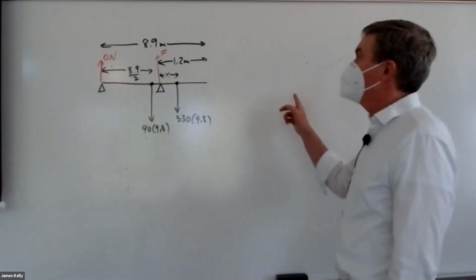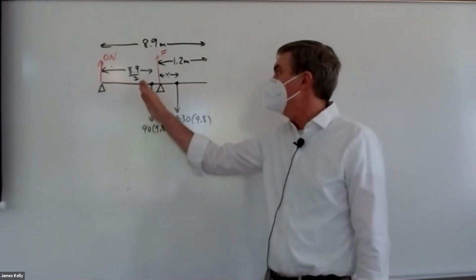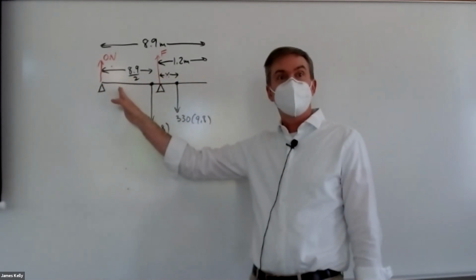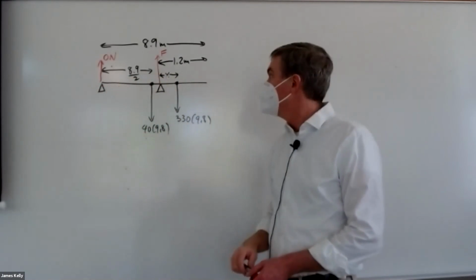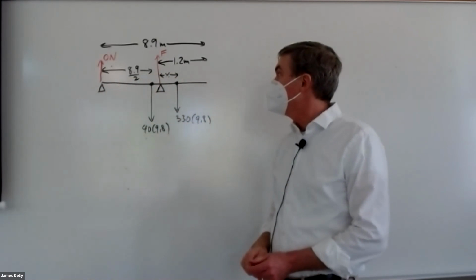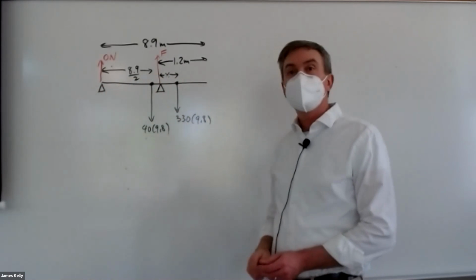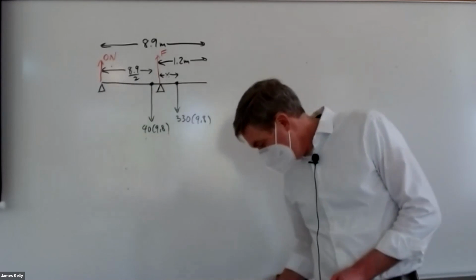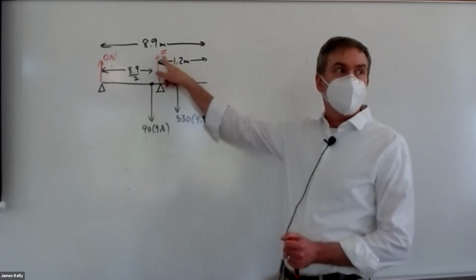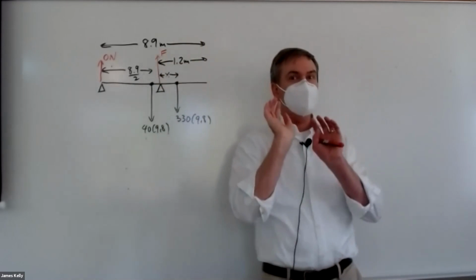Anybody have any intuition about, at least for summing torques, where I might want to choose as my axis to compute the torques relative to? Am I asked for F, the upward force from that second support?